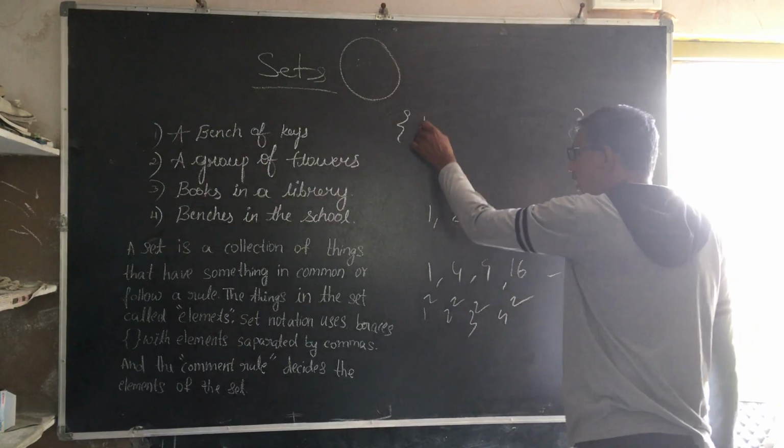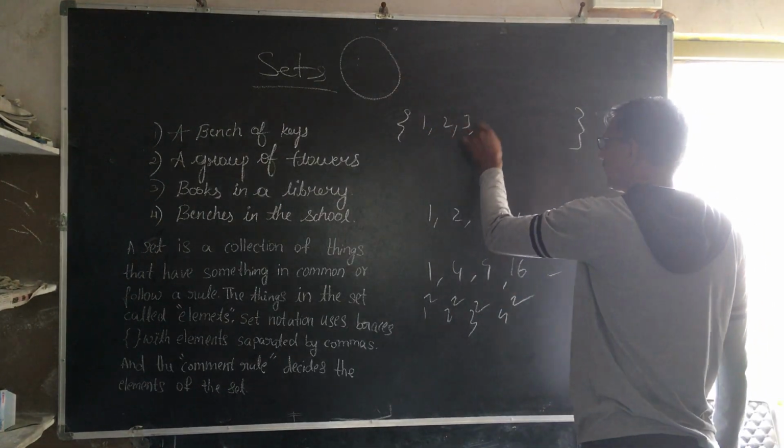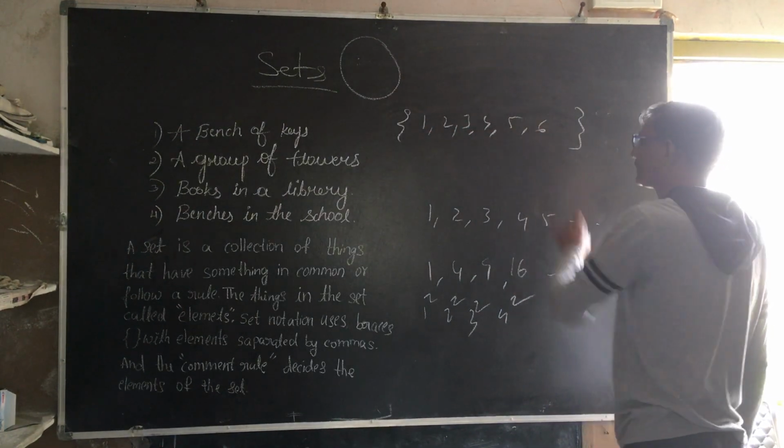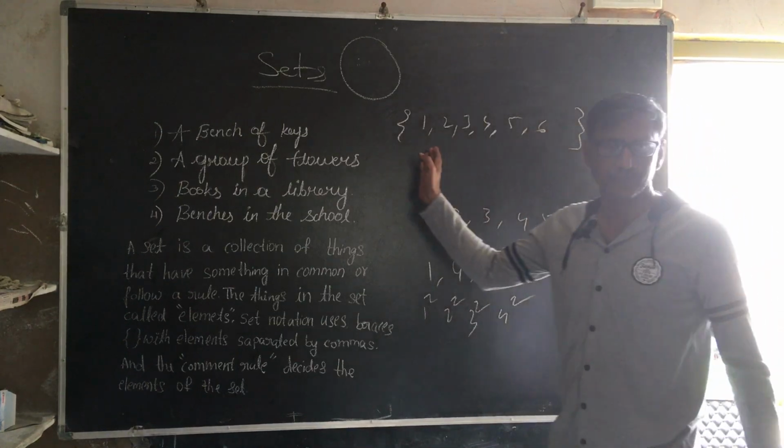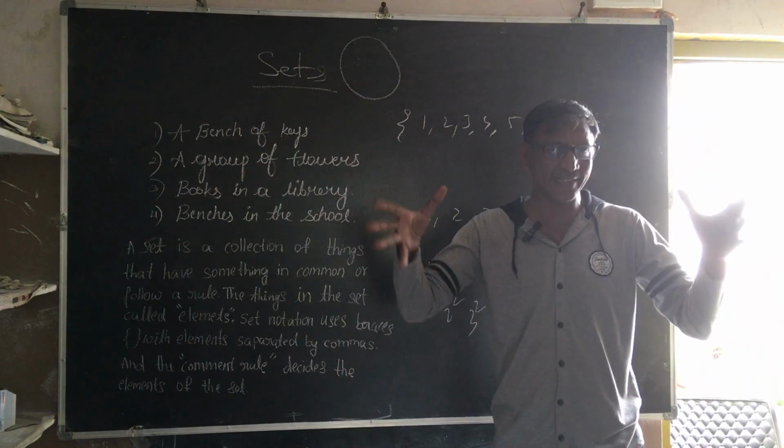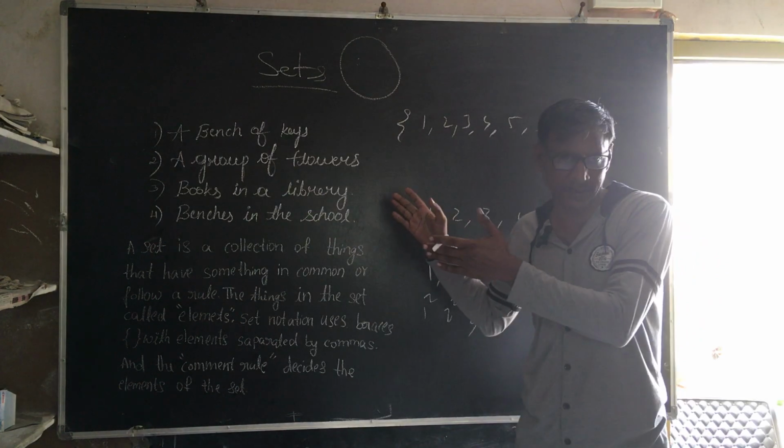Suppose I write 1, 2, 3, 4, 5, 6. These are my collection of things. Here they are numbers.